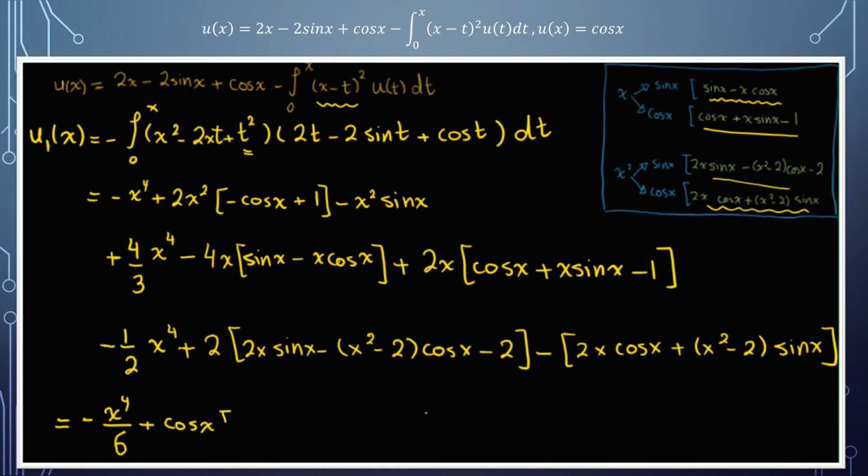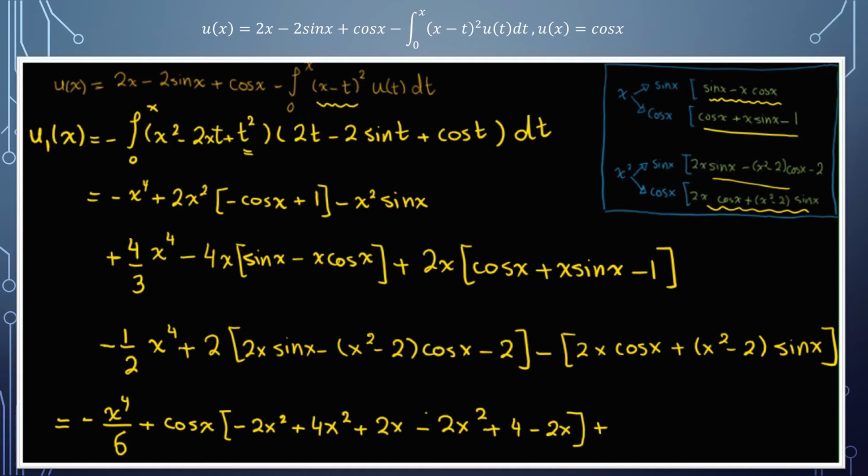Cosine x is multiplied by minus 2x squared, and here it is multiplied by minus and minus, plus 4x squared, and here plus 2x, and in the last line we have minus 2x squared plus 4, and finally here we have minus 2x.